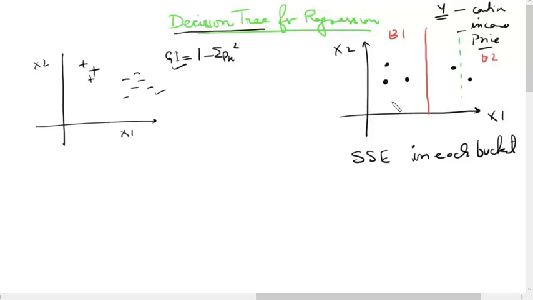And what do we predict? In decision trees for classification, we saw that we were predicting the probabilities. So if we had 3 pluses in one bucket and 1 minus in the same bucket, we would predict 3 by 4 as the probability of plus, and we would predict 1 by 4 as the probability of minus.